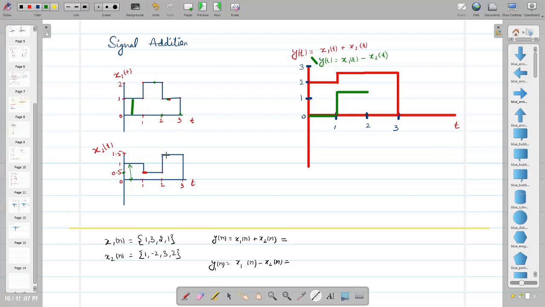So we are doing 1 minus 1.5, so it is a negative portion. We can have minus 0.5 here, and we can plot it. This is the kind of representation we have for the subtraction operation.